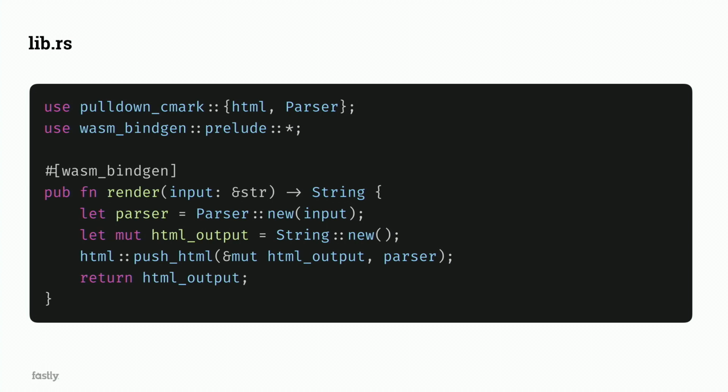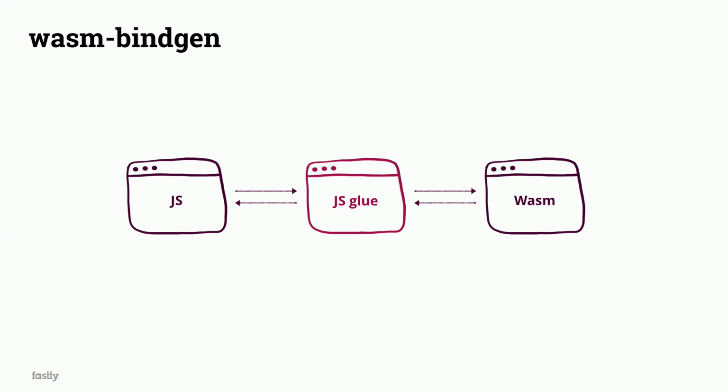I'm exporting a public function called render that accepts a string and returns a string. So it accepts our input string, which is the Markdown, and it's going to return the HTML. I then invoke the parser, I create a new HTML output string, and I write the HTML output to that string, and then I return it. It's 8 lines of Rust.